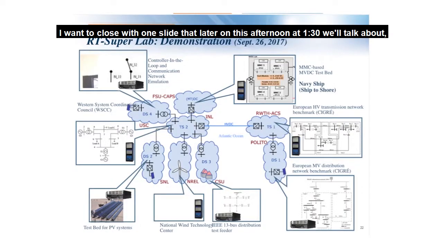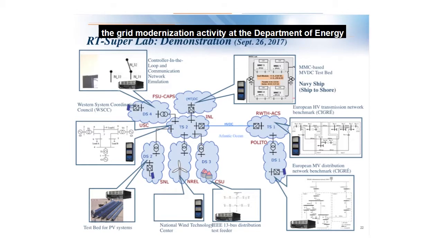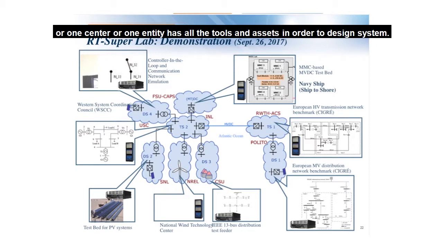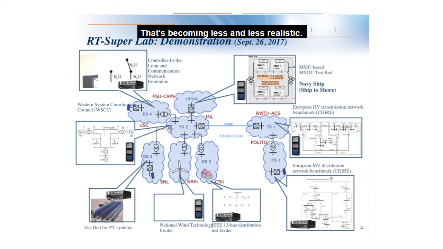I want to close with one slide. Later this afternoon at 1:30 we're going to talk about the grid modernization activity at the Department of Energy. One of the works we're doing over there is this: the days of having one lab or one center or one entity have all the tools and assets in order to design a system is becoming less and less realistic. So one approach we're taking is integrating multiple sites.